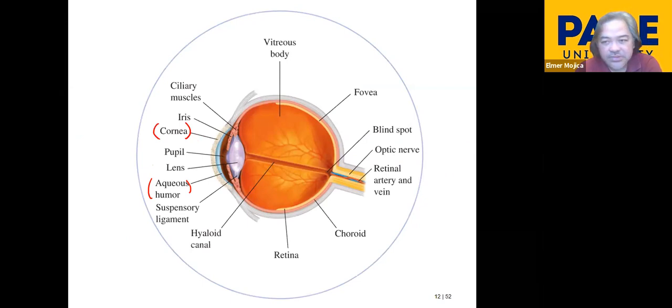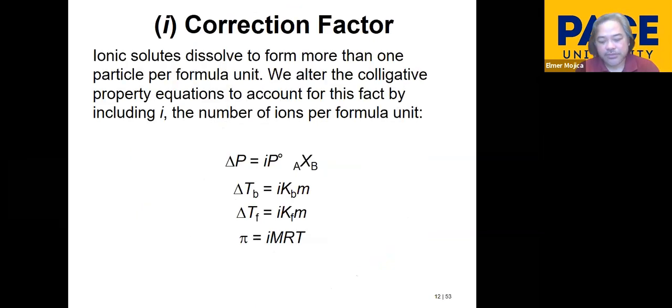Now, so far in the colligative properties that we have discussed, we assume that there's no correction factor. So what does it mean? Whatever value we get is the amount of our colligative property.